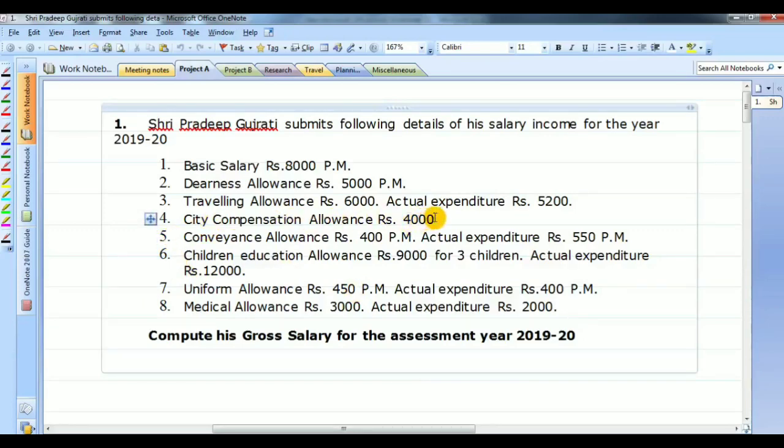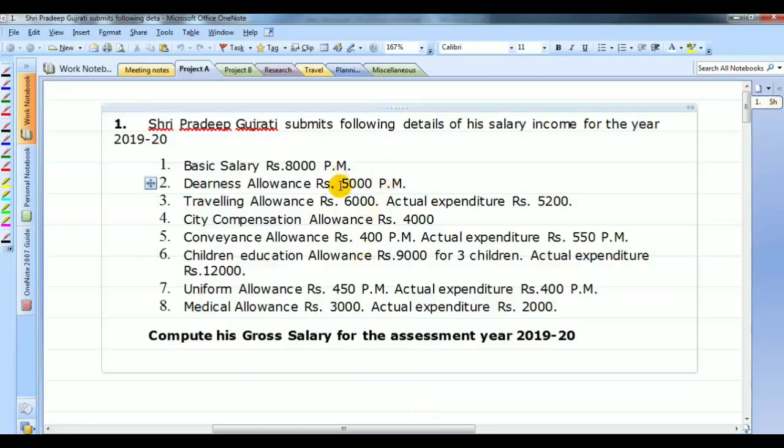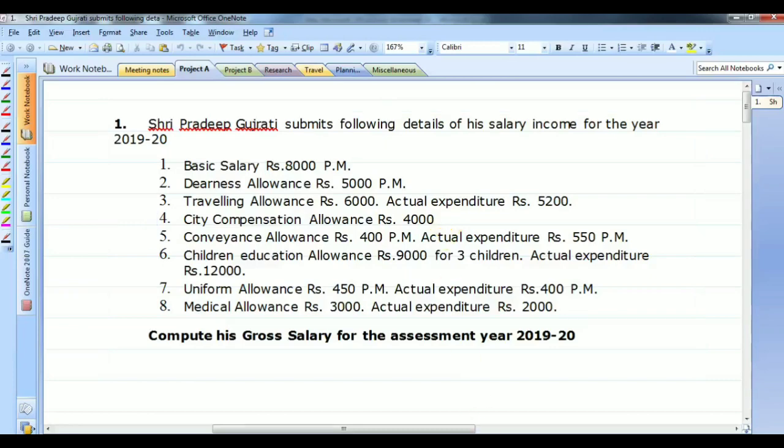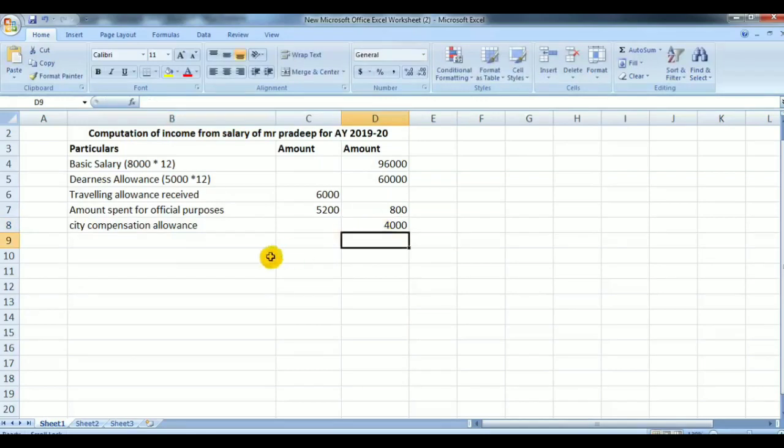It is not written per month, so we will assume that 4,000 rupees per year this amount we have received. So we will not multiply it by 12. In the earlier points we multiplied it by 12 because per month figures were available. Nothing is written against 4,000 rupees, so we will assume that this is the annual figure and we will write 4,000 rupees in the outer column of our problem.